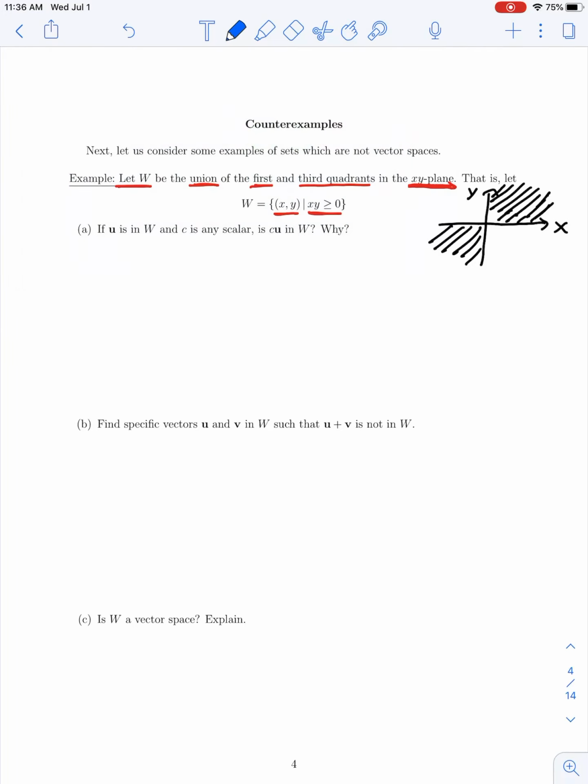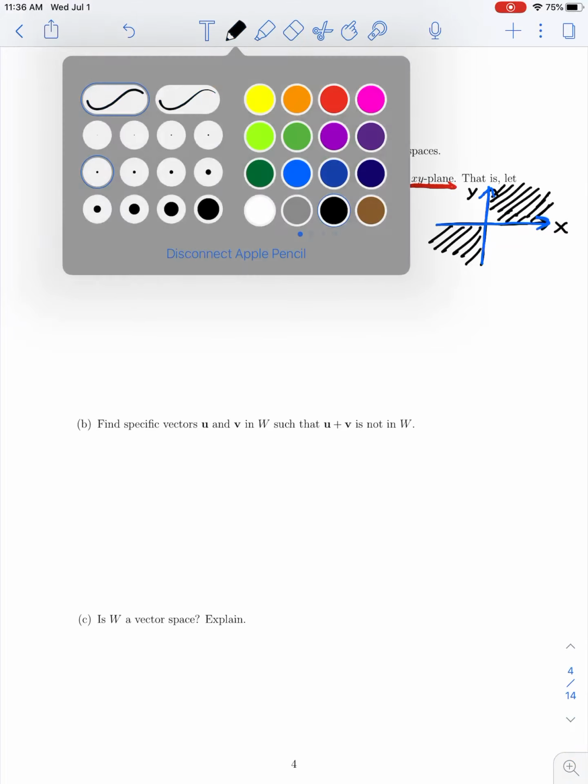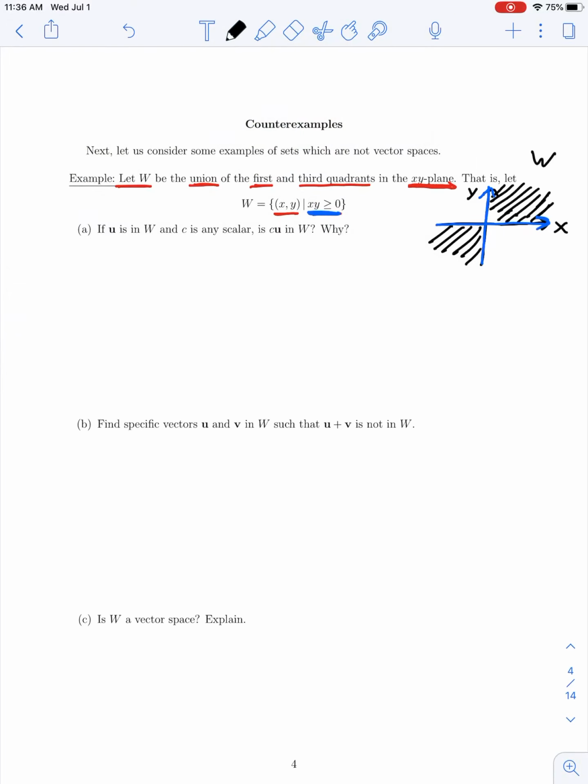Now specifically here, we're taking the possibility that x times y could be equal to 0, so x or y could equal 0, so we're including the points along the x and y axes in addition to those shaded quadrants. So this is our set W.